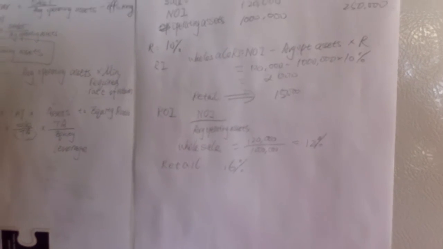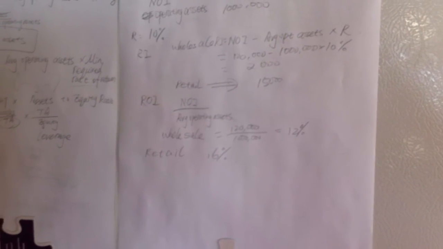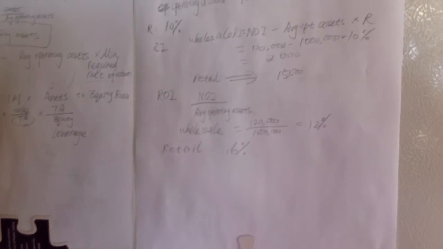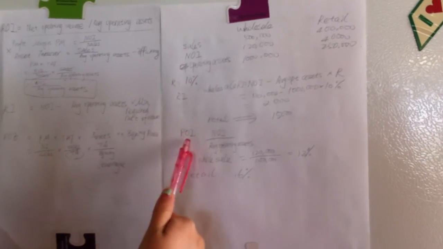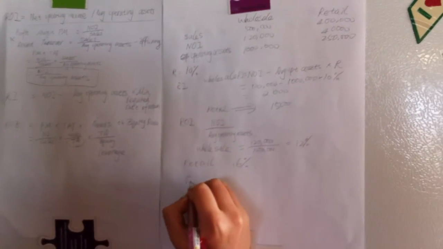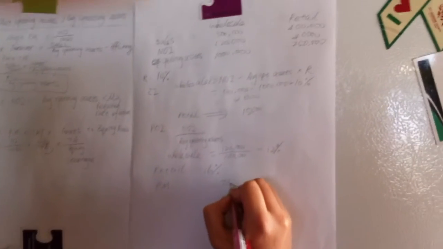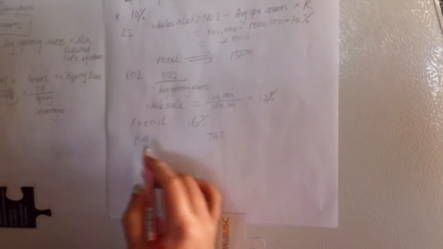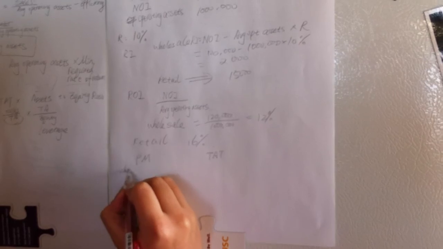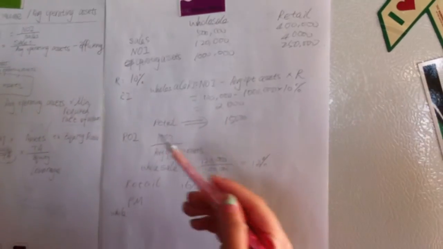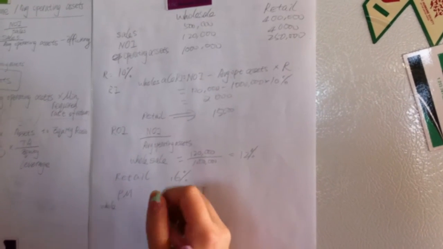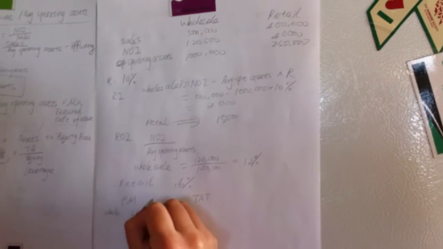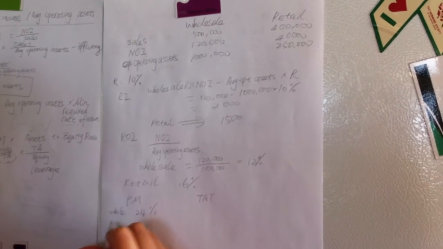Okay, so now we want to ask what makes the ROI different? In other words, what causes it to be different? As we know, ROI is divided into profit margin and total asset turnover. For the wholesale, the profit margin equals net operating income divided by sales, which equals 24%, right?